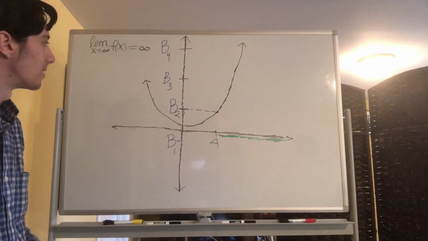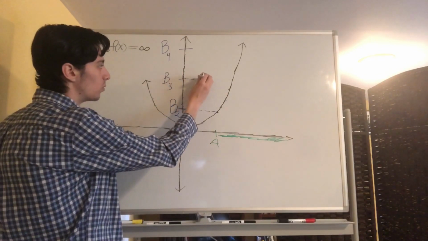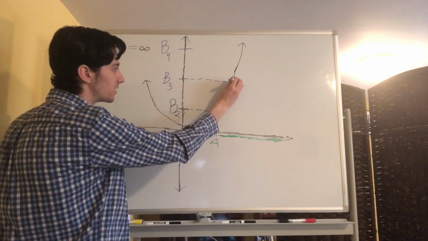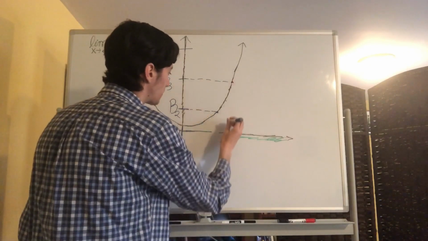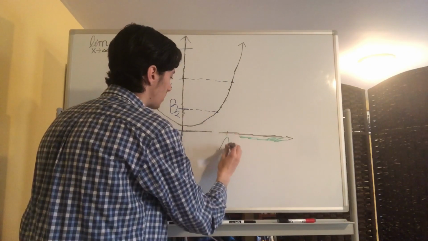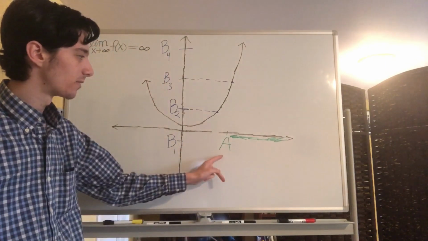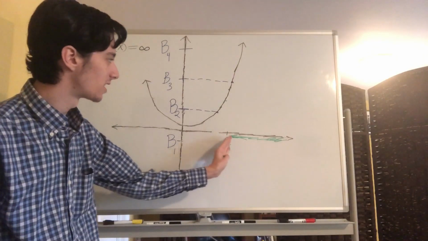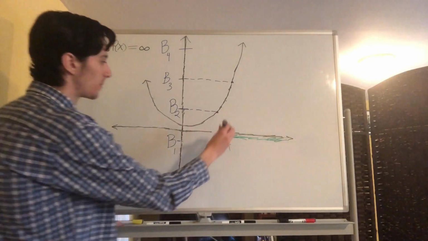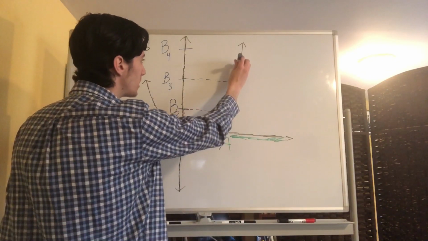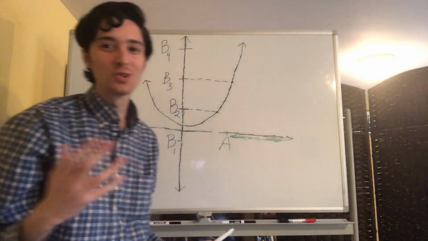And we can do this again. We look at b3 and say, well, b3 goes to the x-axis about here. Our a is here. And so when x is greater than our a, there's kind of this cutoff point. f of x will always be greater than b, because it could be here, or here, or here, and so on. And we can do this again with b4.